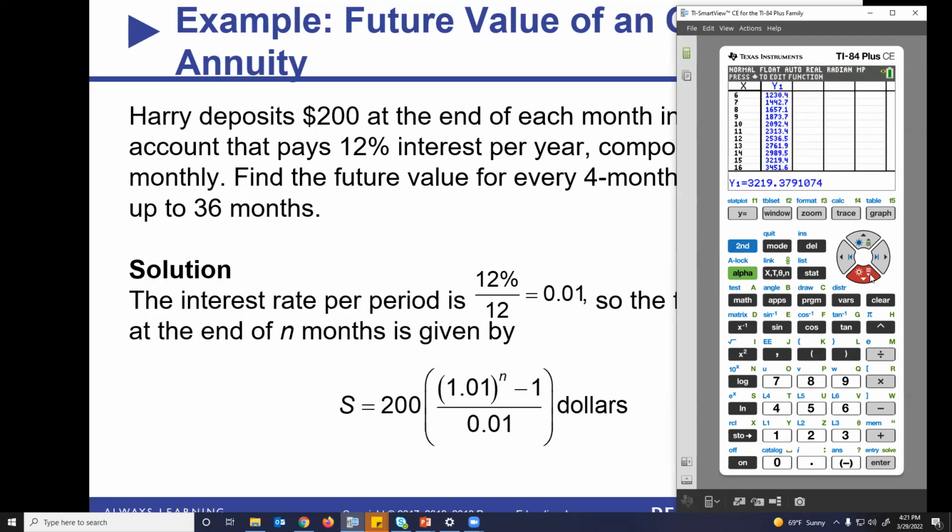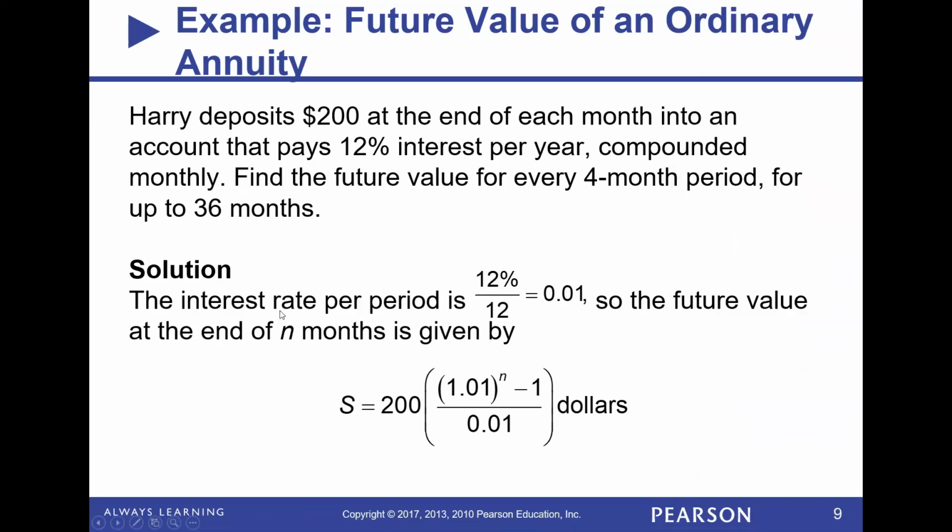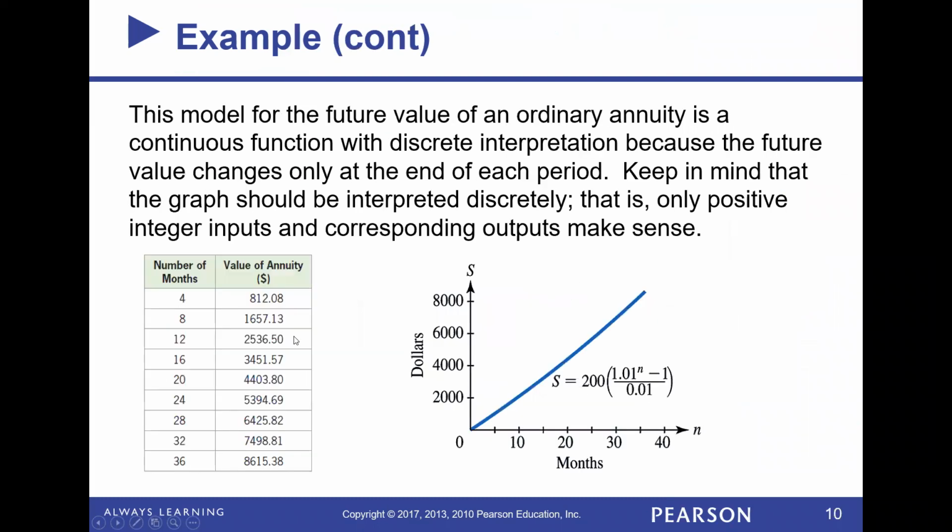And just keep going for every 4 months and we can get all that. Okay, I'm going to take a look at that so you guys can see it here. Here we have literally every single 4 months all the way down to 36 months.